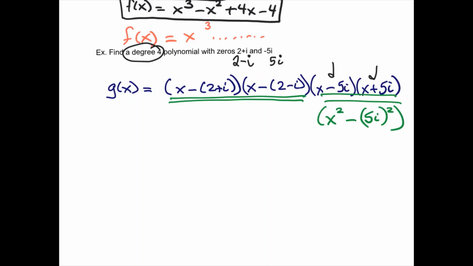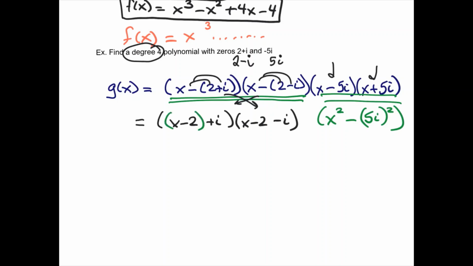You really don't have that here unless you rework it a little bit, but we can certainly do that, because if I rewrite this as x minus 2 plus i and x minus 2 minus i, well, I'm basically distributing the negative sign. So when you do your conjugate, you have to group the first two and then the last i.